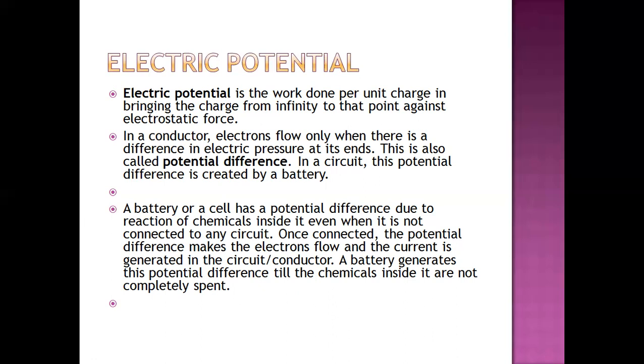Once it is connected, the potential difference makes the electrons flow and the current is generated. A battery generates this potential difference until the chemicals inside it are completely spent.